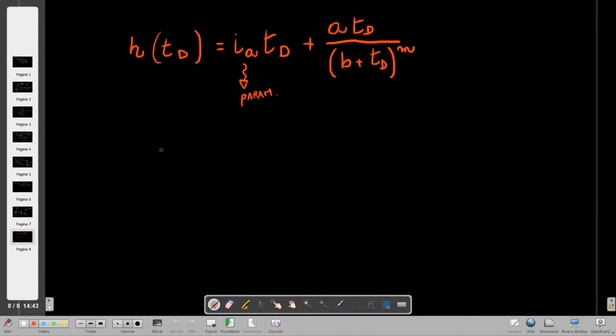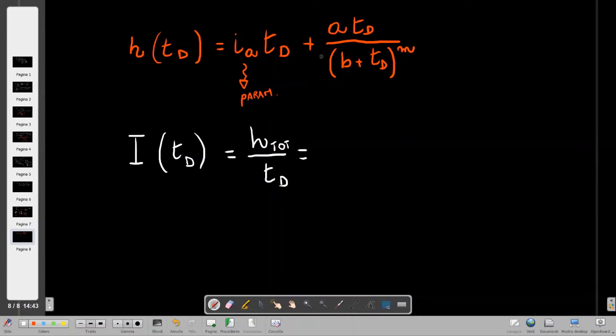The average intensity that we can call I, that is of course a function of the duration, can be obtained as the total rainfall depth during an event over the duration.